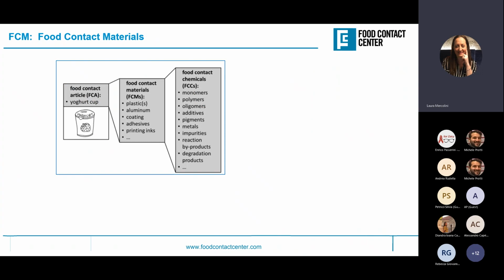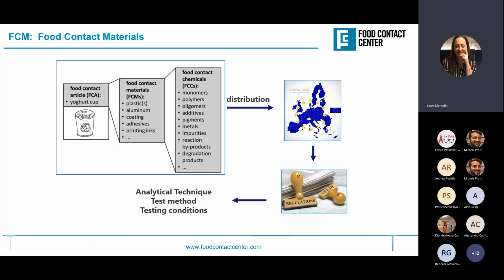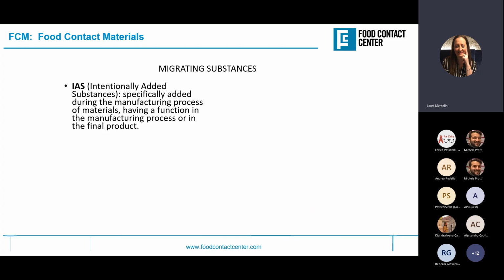So let's start. When we have to evaluate the conformity of food contact materials, we have to deal with materials, with substances. We have to evaluate the distribution of the item, then the regulation, and of course, finally, we can define the technique, test method, and testing conditions.